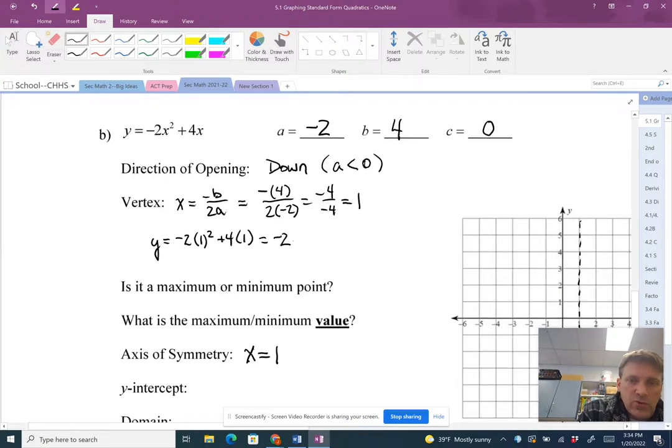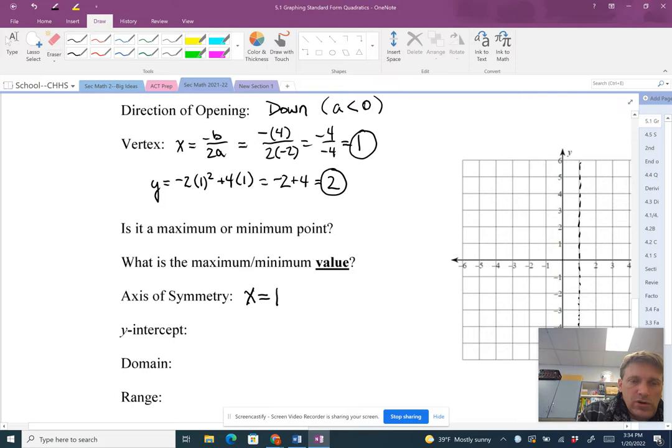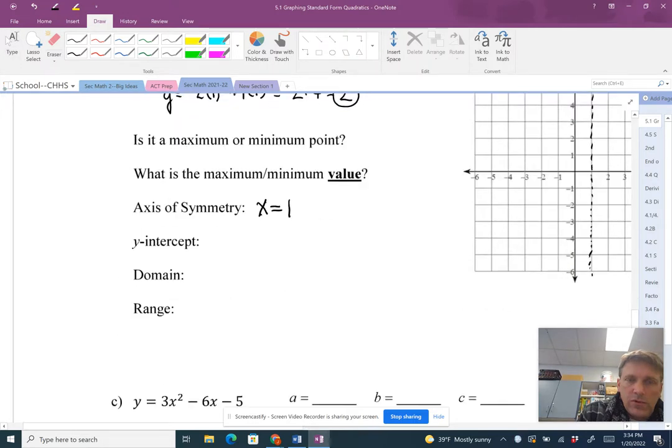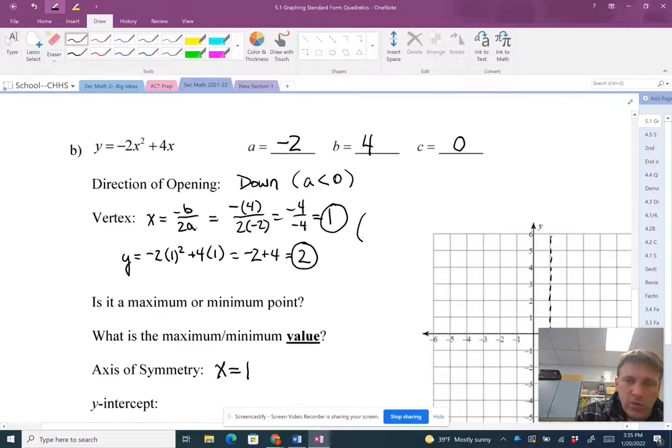And 4 times 1 is 4. Negative 2 plus 4 equals 2. And so our x-coordinate is 1. Our y-coordinate is 2. Our vertex then is the point 1, 2.